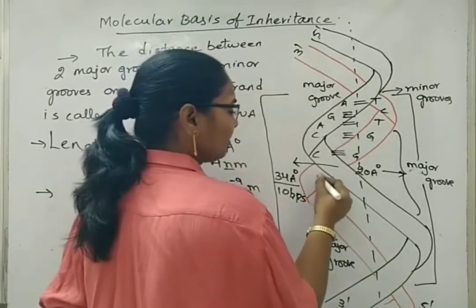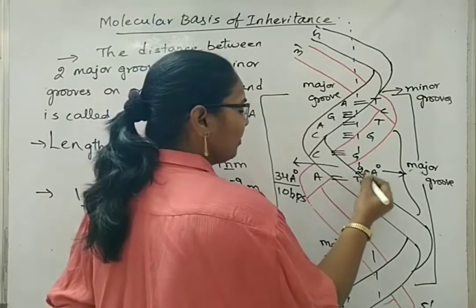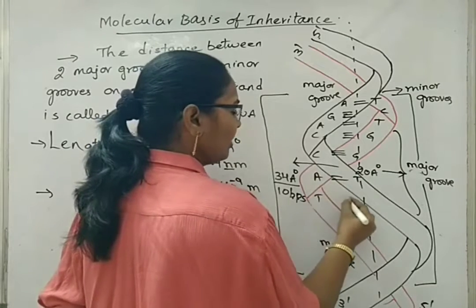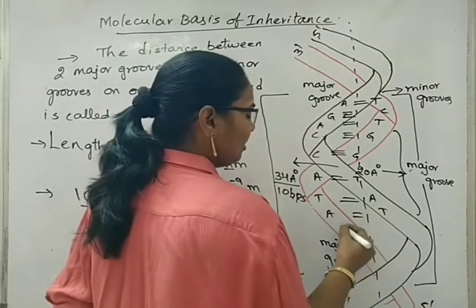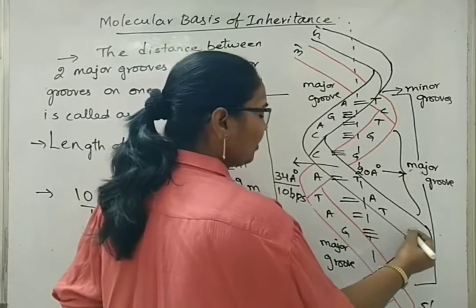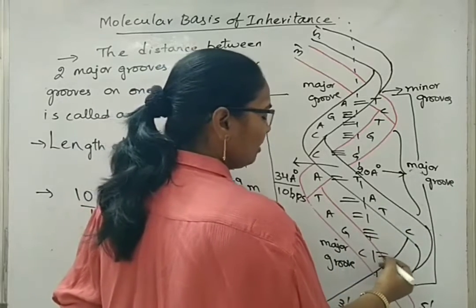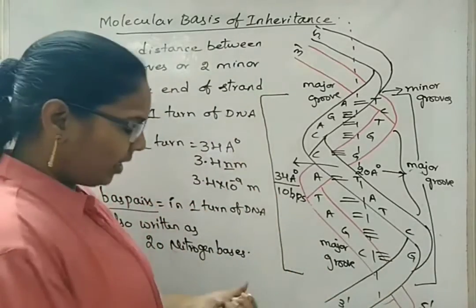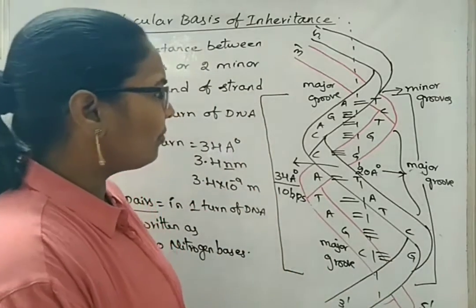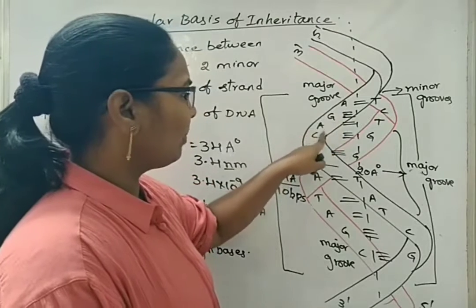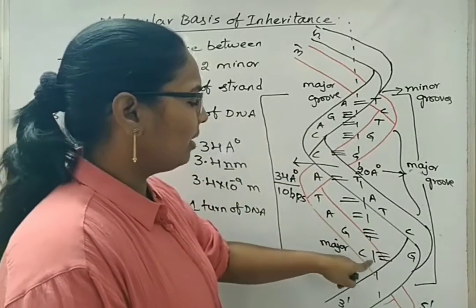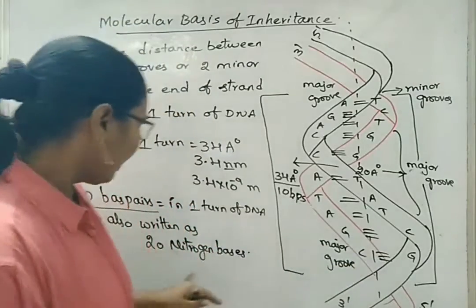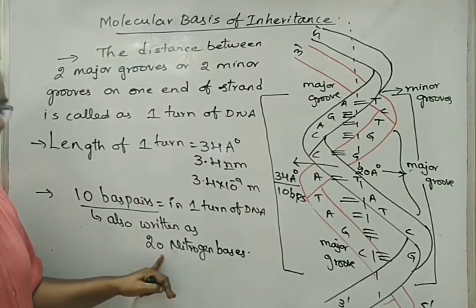Another turn is there. Adenine pairing with thymine, thymine pairing with adenine, adenine pairing with thymine, guanine pairing with cytosine, cytosine pairing with guanine. So we have represented 10 base pairs. Then I have written here 20 nitrogen bases.